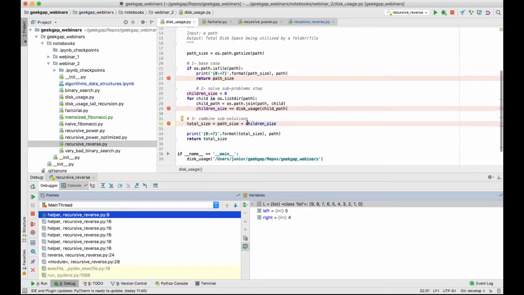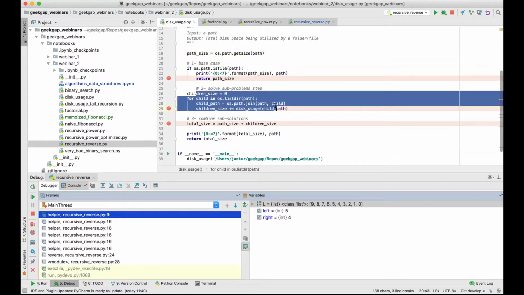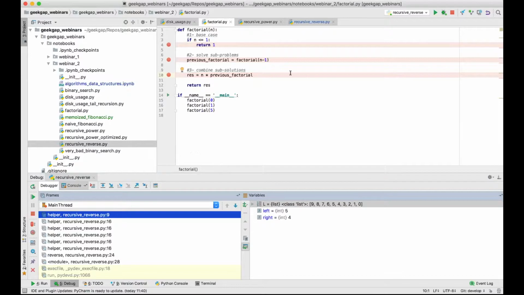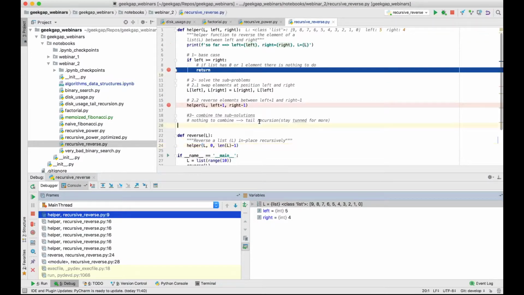We find the sub-problem solutions, and then we combine. For factorial, we do this. But here we actually have nothing to combine because they're already solved. The problem is already solved for us. So nothing to combine in tail recursion.